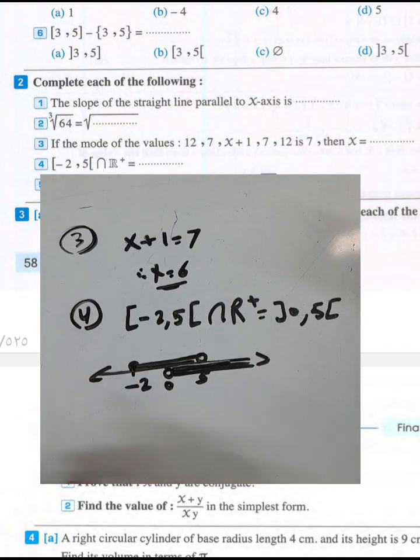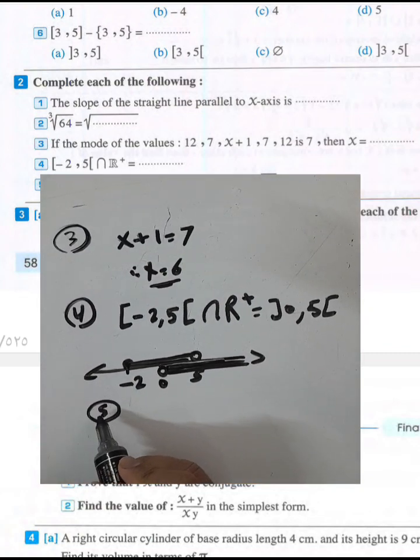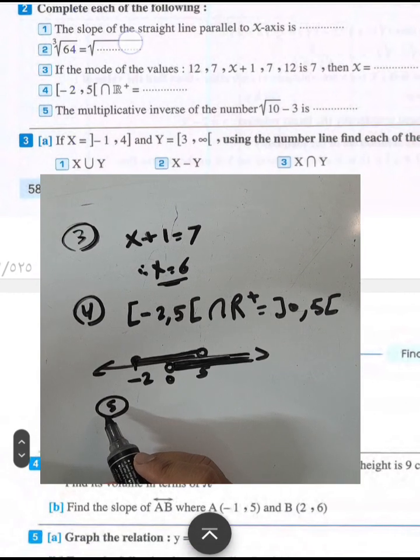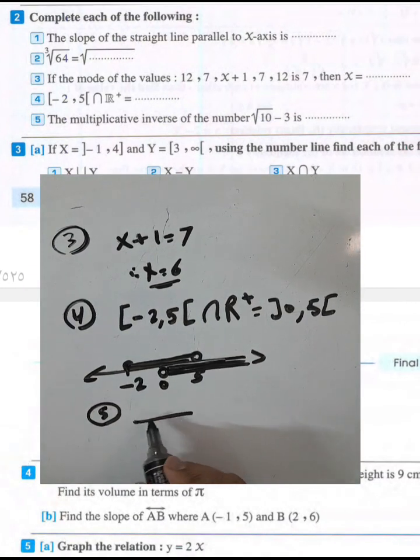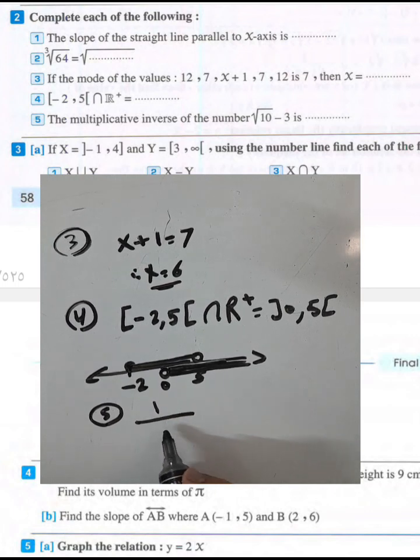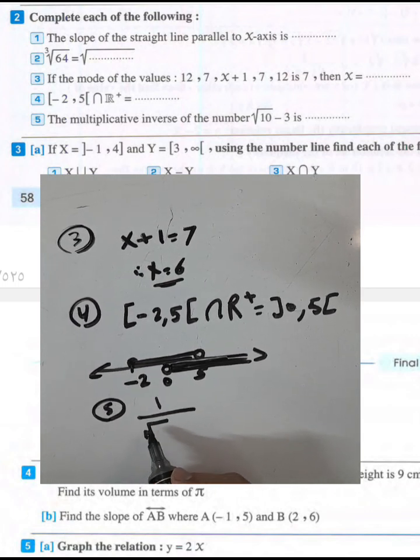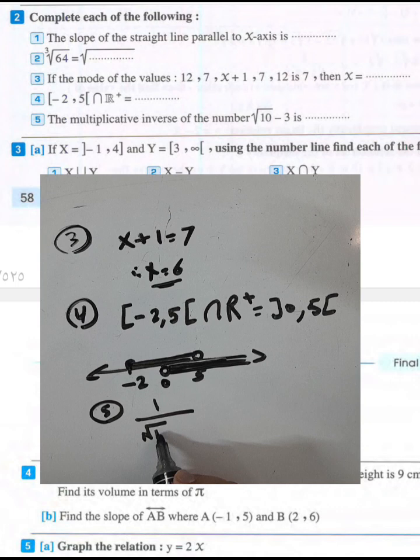Okay, question number 5. The multiplicative inverse of the number square root of 10 minus 3 will be 1 over root 10 minus 3.